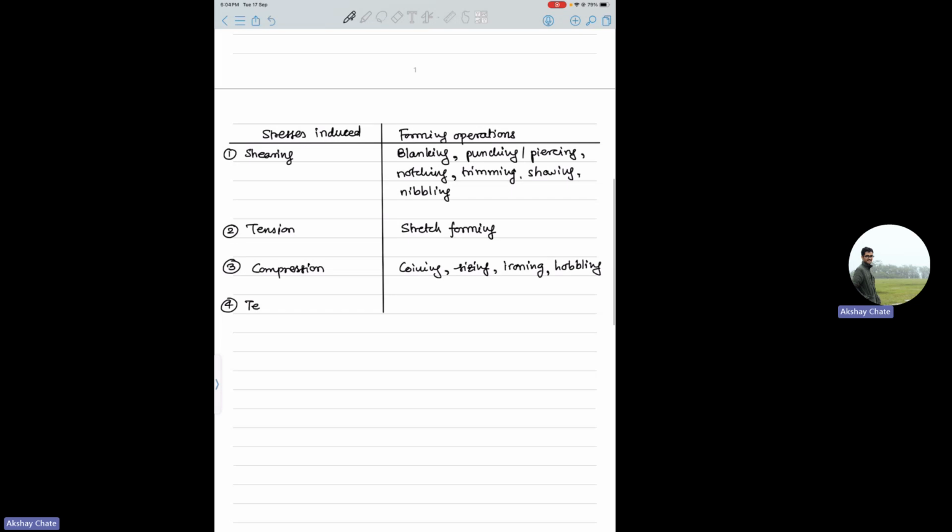And then you have the last category, which involves tension plus compression. In this category, you have the drawing operation. We'll see different drawings like tube drawing, wire drawing, all those things. Then you have bending. In bending, on one side you'll have compressive stresses, on the other side you'll have tensile stresses.